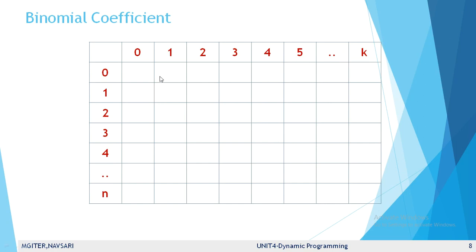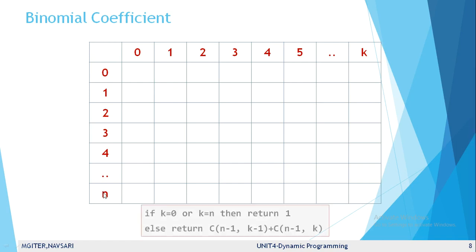Now we understand it here with the help of an example. We take the value of k from 0 to 5 and the value of n from 0 to 5. Now what is the condition? If k equals 0, then in column k equals 0 we put 1, and if k equals n, then we also put 1.